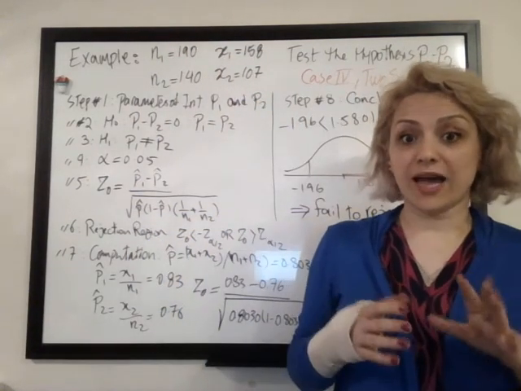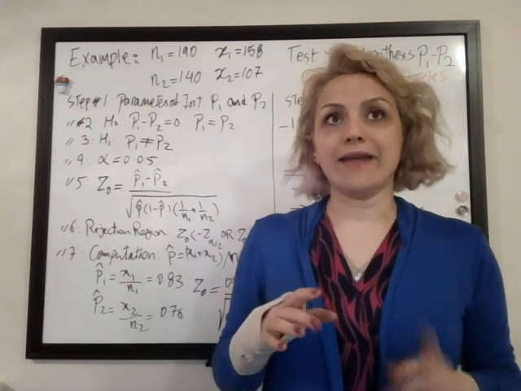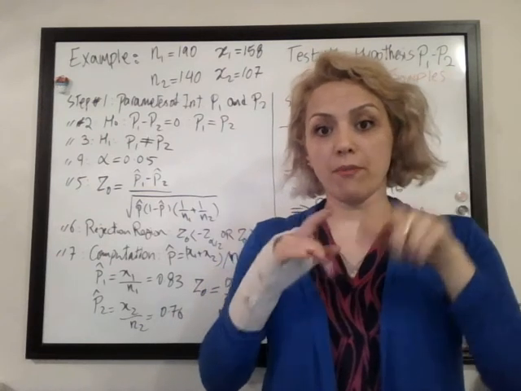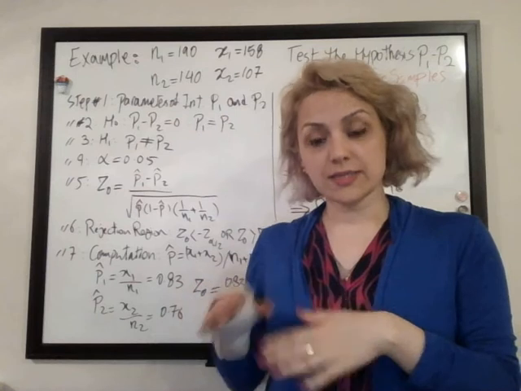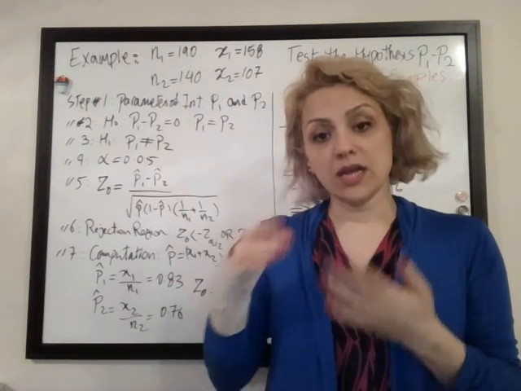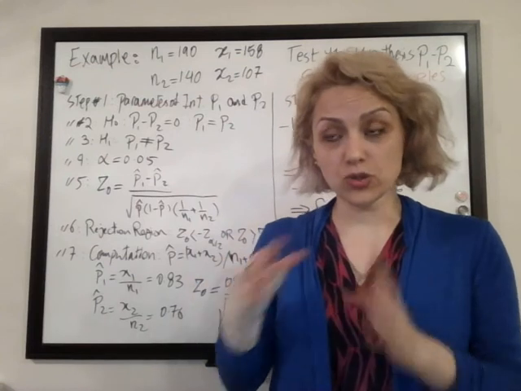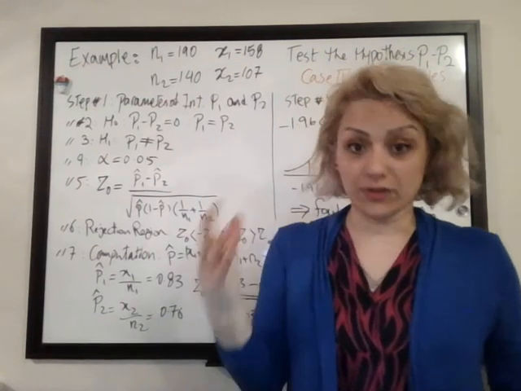The equation that we had is the square root of P1 estimate times 1 minus P1 estimate divided by N1, plus P2 estimate times 1 minus P2 estimate divided by N2. You would get the square root of it, and it's going to give you the standard error.